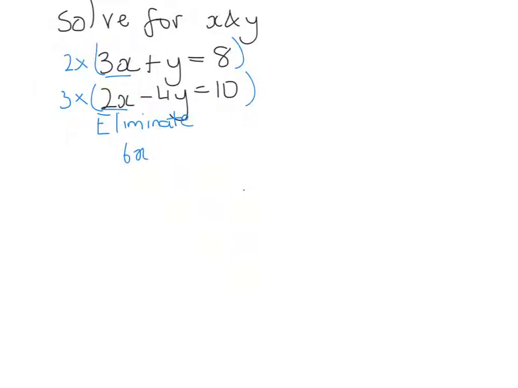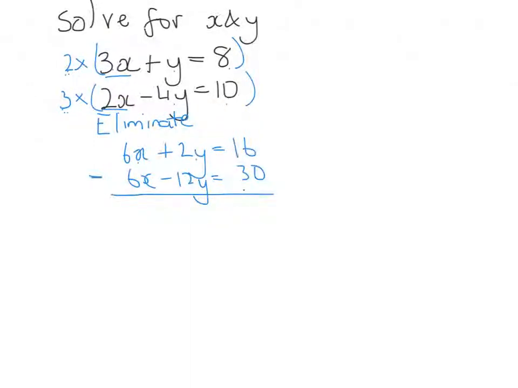So that'll be 6x plus 2y plus 16. 2 times 3 is 6, 2 times y is 2y, and 2 times 8 is 16. Now in the bottom line, and I'm going to take these away, 3 times 2 is 6x, 3 times minus 4y is minus 12y, and 3 times 10 is 30.